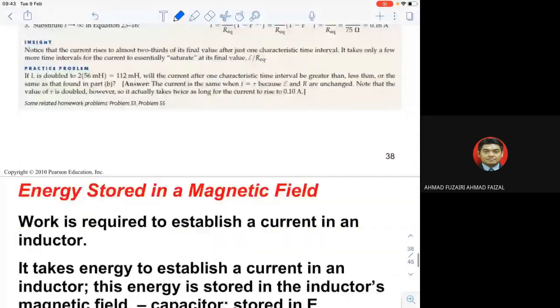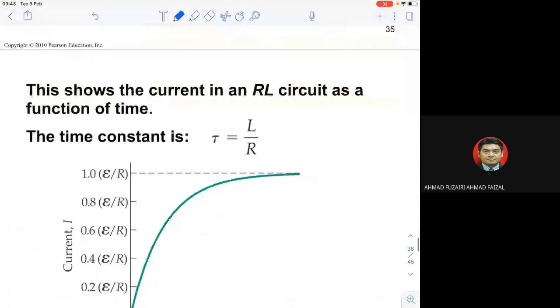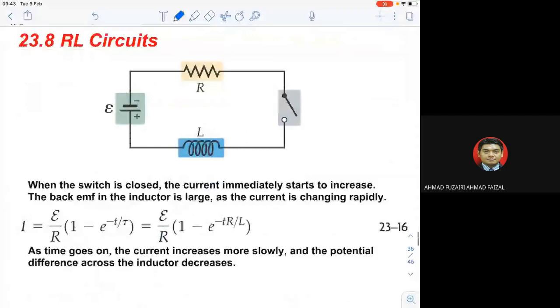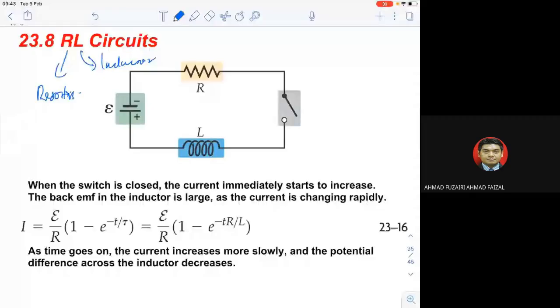Now we go to the RL circuits. RL stands for resistor and inductor. Before this, we learned about the RC circuit, which means resistor and capacitor. But RL stands for resistance and inductance.